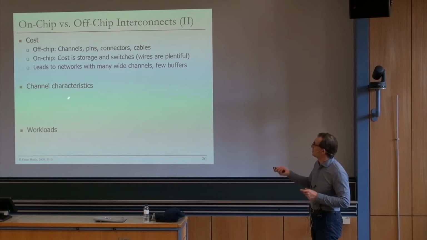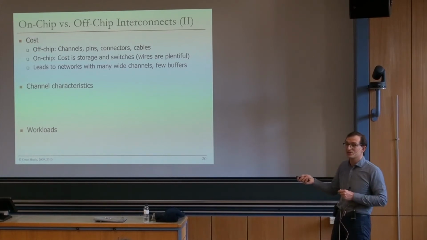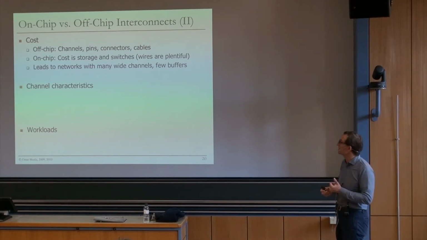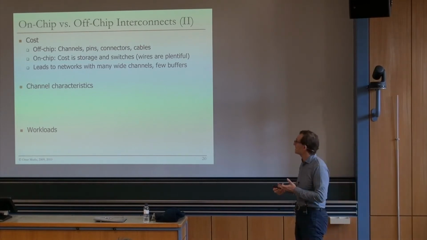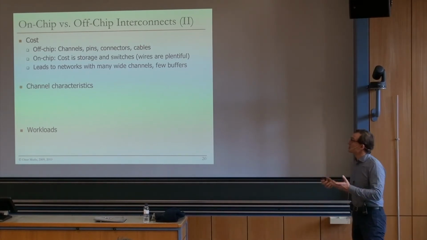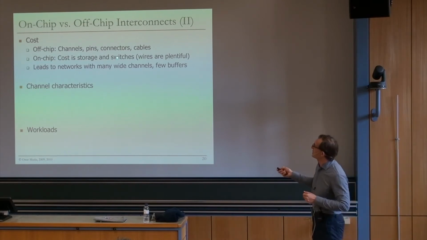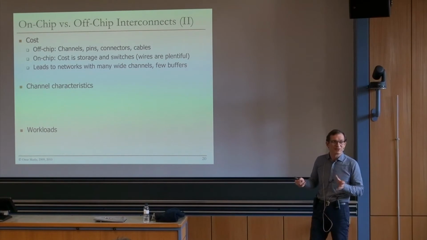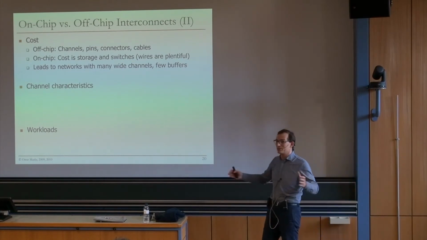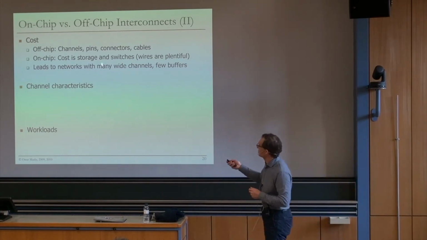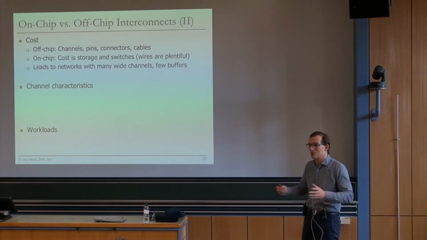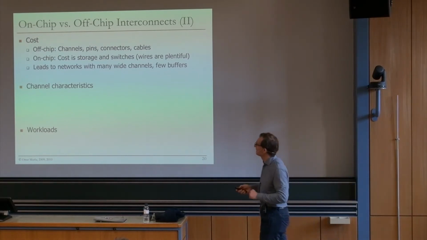If you look at cost in off-chip, the cost of the network is dominated by channels, pins, connectors, and cables. Whereas on chip, a lot of these are cheap, but storage and routers are not that cheap. So basically, your cost is really dominated by your buffering and switches. Whereas if you look at off-chip, your cost is dominated by some other things that are much bigger.